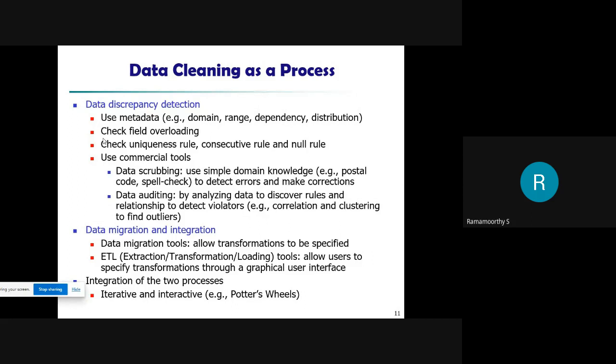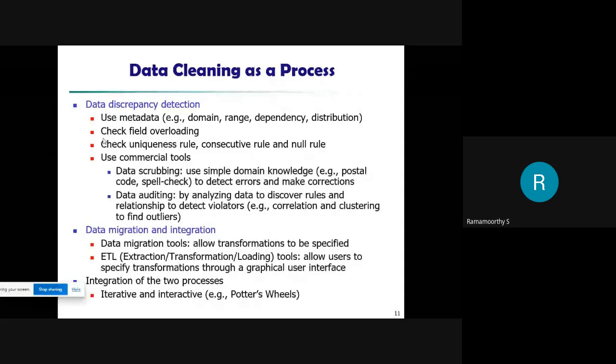Some commercial tools are also used to check all these kinds of data discrepancy. Data scrubbing is used to detect the errors and make corrections based on domain knowledge. Once you are a knowledgeable person in a particular subject, you can correct some errors in a document, right?